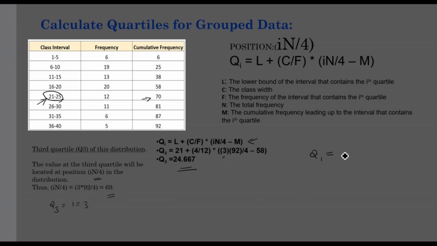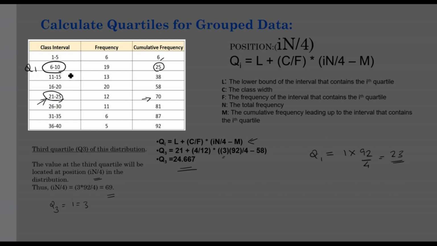If you want to calculate Q1, we apply 1 into 92 divided by 4, that is 23. The 23rd value comes in this interval, so this is our class interval for Q1.